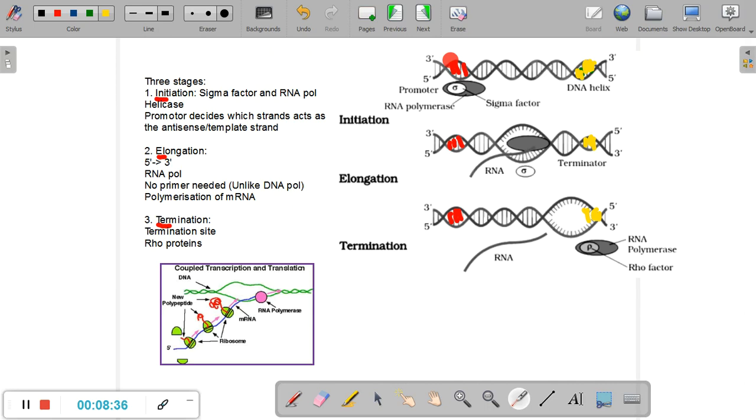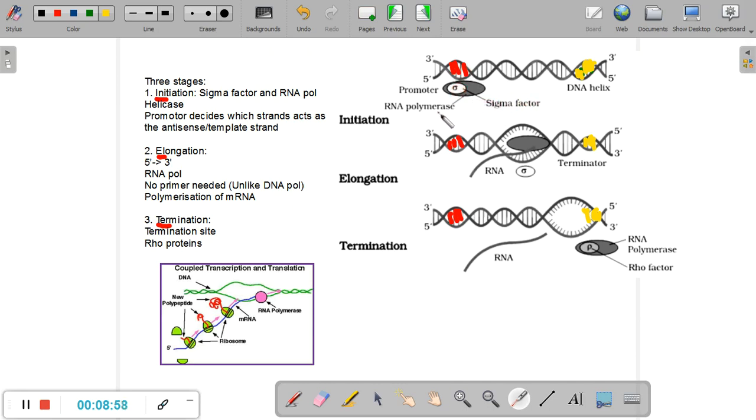Now how does the RNA synthesizing machinery, the transcription machinery, identify this spot? Before the RNA polymerase can actually start the process of transcription, there is a particular protein called the sigma protein or sigma factor.